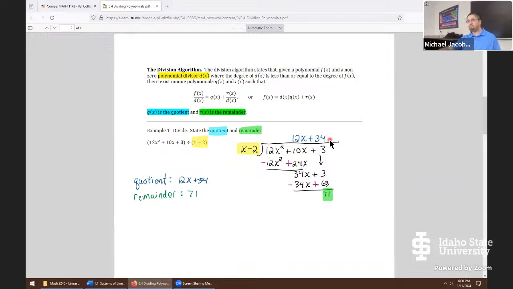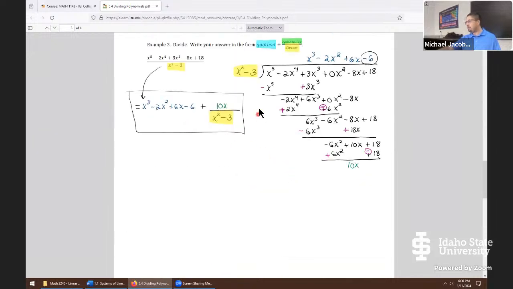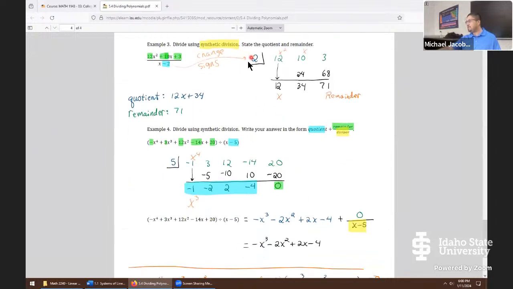But the more you do this, the more you're going to realize that everything that's done here, you could have done using synthetic division. Turns out it's only the coefficients that matter. Take 12, 10, and 3, throw them up there. Take this -2, make it positive. Do some weird number game, you get the right result, and you just divide using synthetic division.